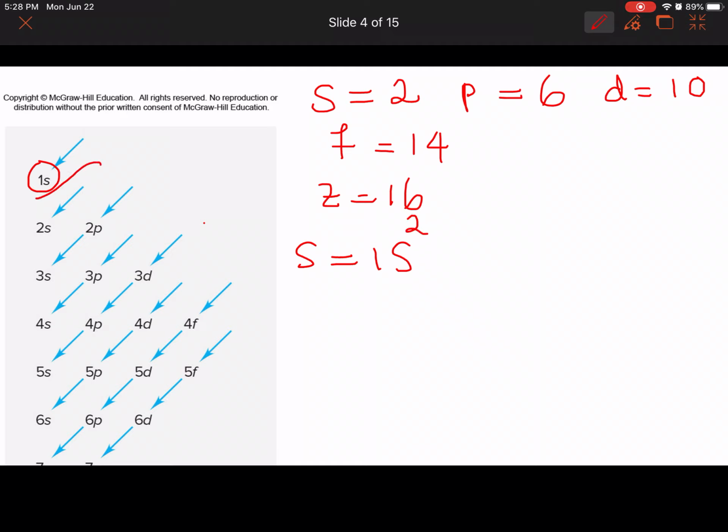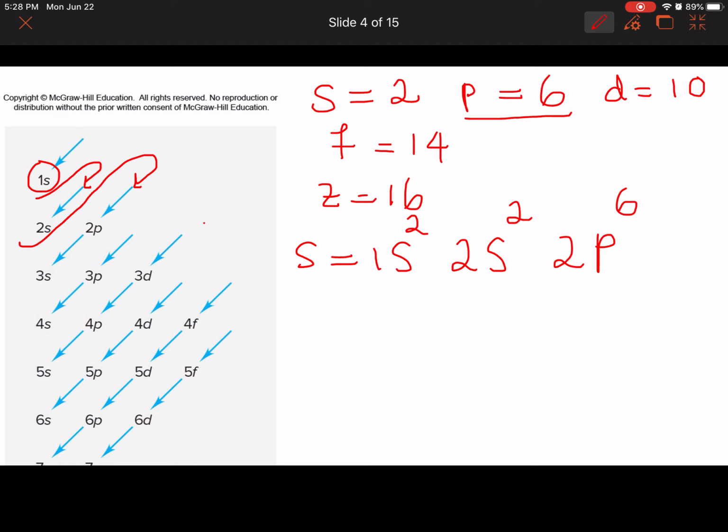Again another s orbital. How many electrons maximum can s hold? 2. So you write it down, 2s2. And then what is after 2s? After 2s, it is 2p. You go to 2p. How many electrons maximum can p hold? 6. So you put 2p6 because we have not completed 16 yet.